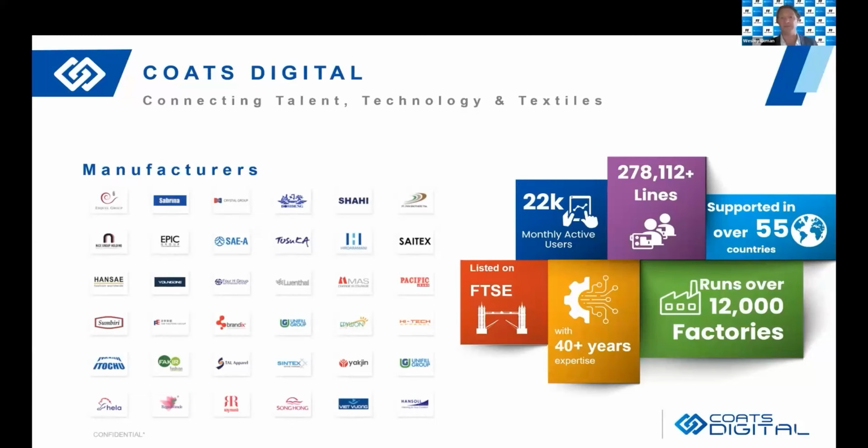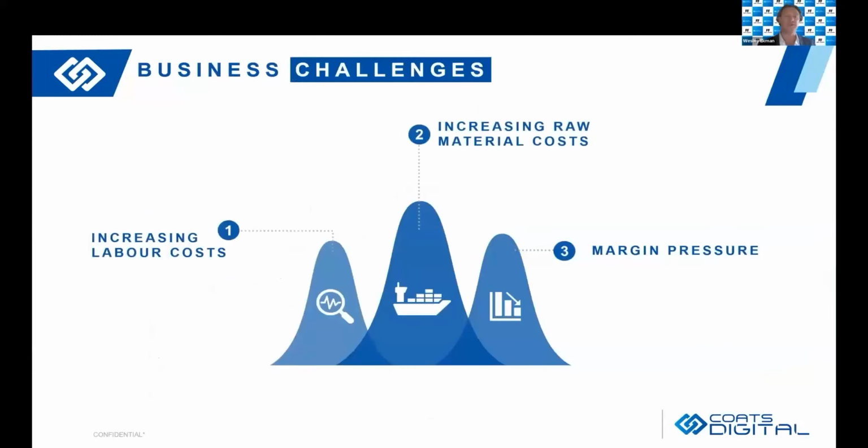So let's talk external factors. As we know, since 2019 and the COVID pandemic, there have been increasing pressures on manufacturers, specifically in the garments and textile industry. And what we've seen is a massive rise in labor costs in almost every region.